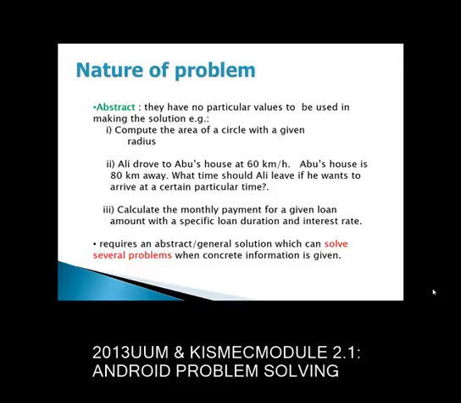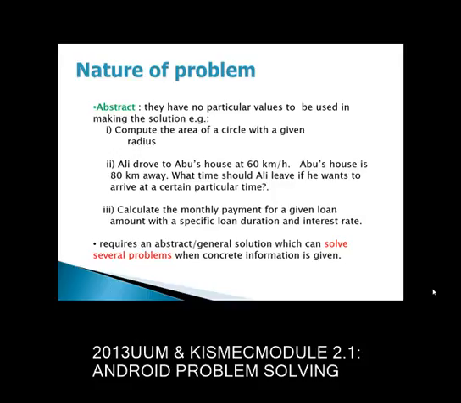In an abstract type of problem there is no particular value, and it is used in making the solution. For example, with the same idea, compute the area of a circle with a given radius. There is no value for the circle radius, so it is a general statement.